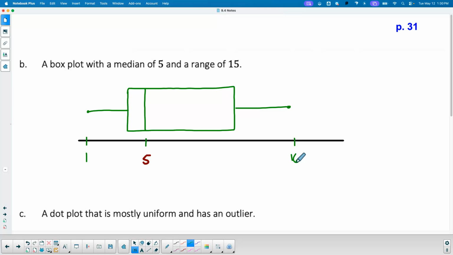Okay, so then this blue number here, for me, would have to be somewhere between 1 and 5. I'm going to say 4. This blue number here has got to be somewhere between 5 and 16. I'm going to say 10.